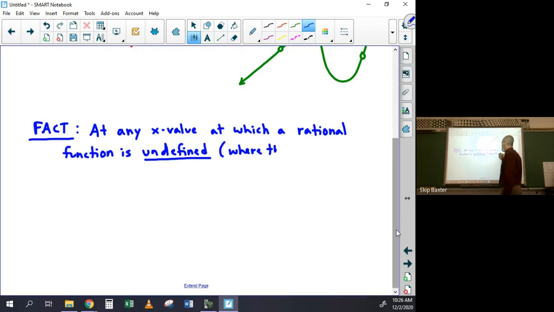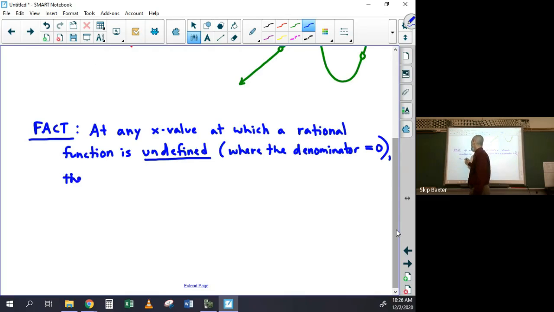That's what we talked about Monday. At any x value at which a rational function is undefined, the function has either a vertical asymptote or a hole.